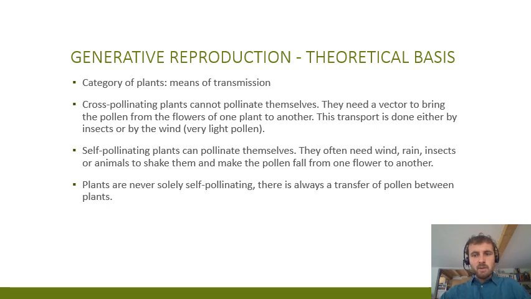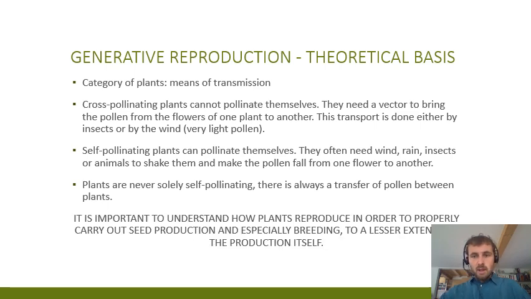And self-pollinating plants are never only self-pollinating. There is always, of course, a transfer of pollen and then of genes with the neighboring plants. So all these things is just basic biology, but just to understand this concept properly when you make seed production, because it has issues if you don't know what plants are, how they function, are they monoecious, are they dioecious, are they cross-pollinating, are they self-pollinating, you might not succeed in your seed production.